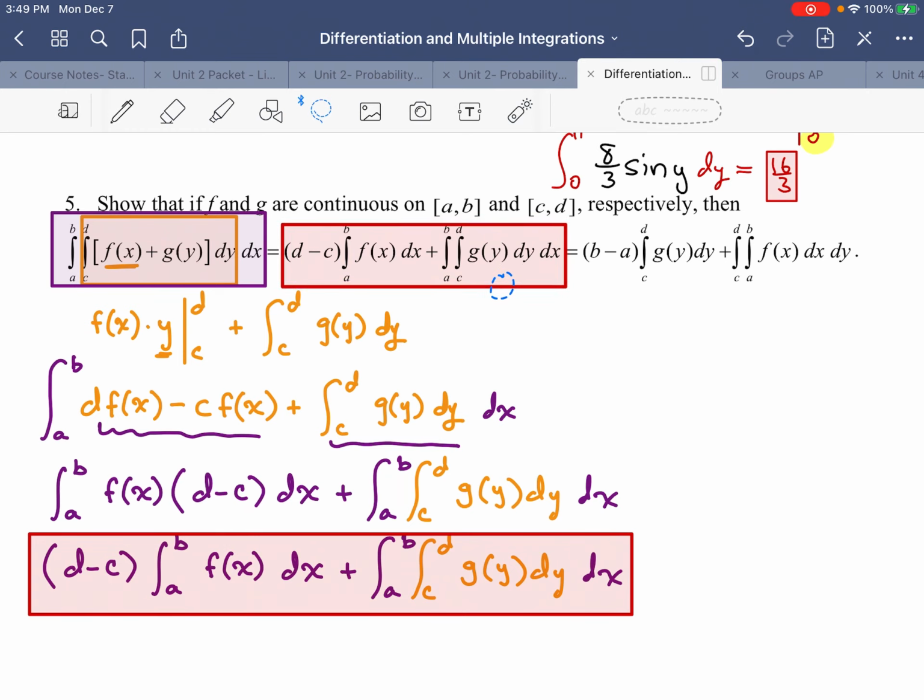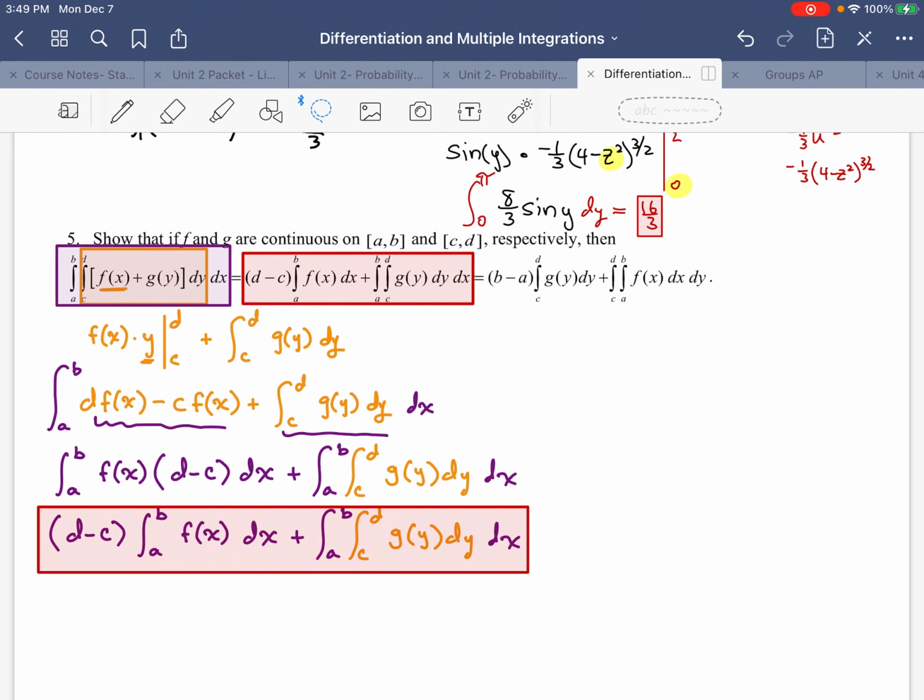So then it begs the question: how do I get the other one? Well, in that case, it looks like the y function was isolated. That happened because the order of integration changed. The base region here is rectangular.